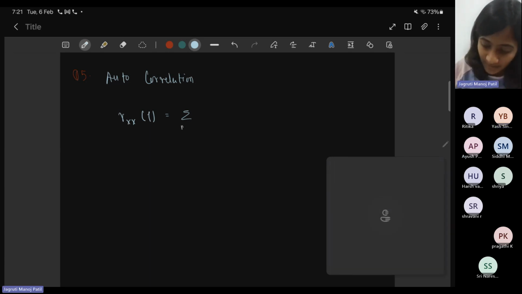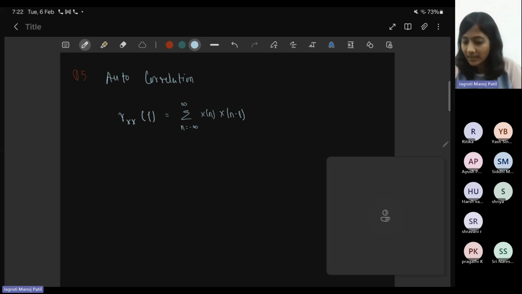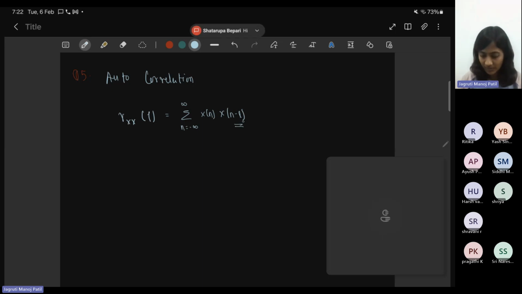So the formula is the sum over n equals negative infinity to positive infinity of our signal x of n times x of n minus L. Here x of n is the signal at that instant, and x of n minus L is the delayed signal, and we multiply both. In convolution it's the same, but there you also flip the n minus L term with respect to the k term.